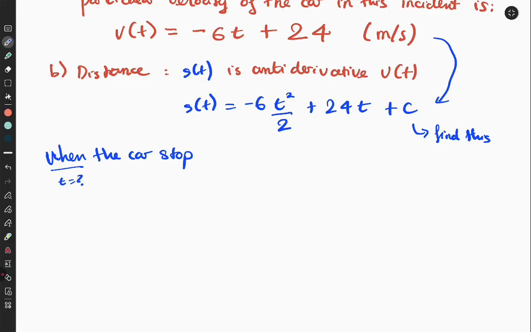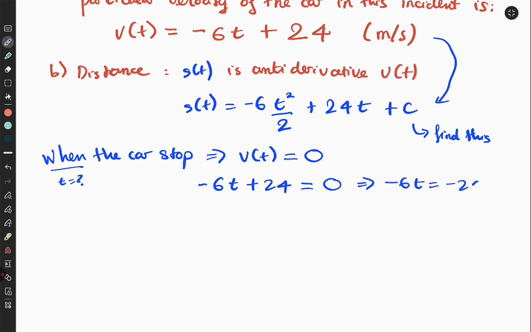When it stops, the velocity has to be 0. We have velocity right here. Set that equal to 0, solve for t. Negative 6t equals negative 24. t equals 24 divided by 6, which is 4 seconds.